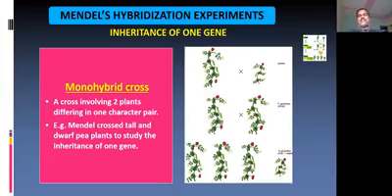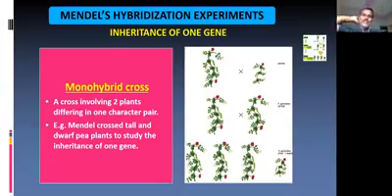That means the dominant character is tall. He did n number of experiments and collected the results, and came to the conclusion that tallness is dominant. So the dominant character is expressed in the F1 generation. Further, he crossed to know the F2 generation.